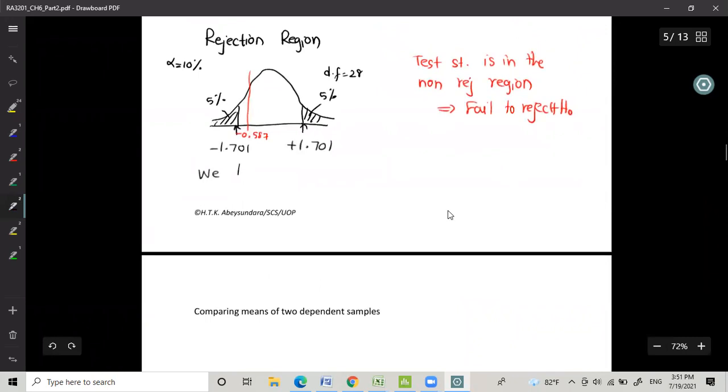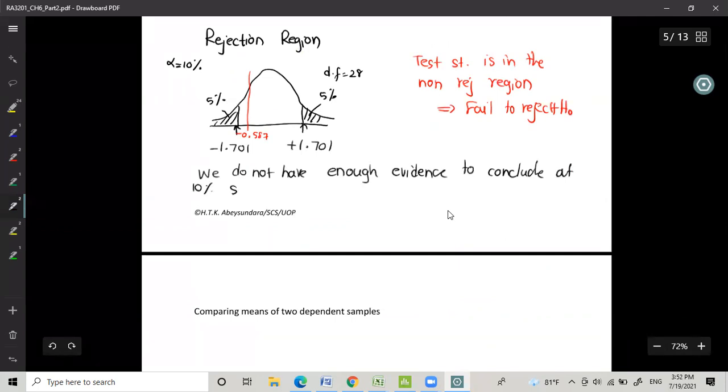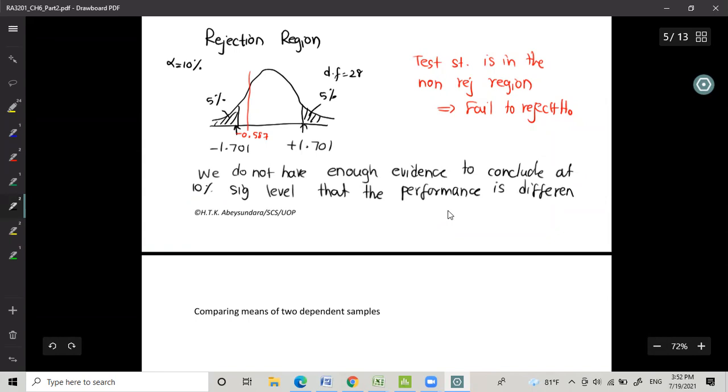So we say we do not have enough evidence to conclude at 10% significance level that the performance is different between the two colleges.